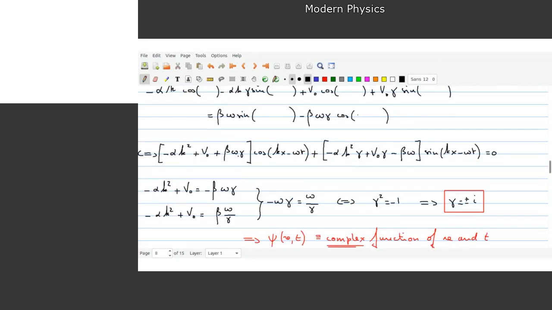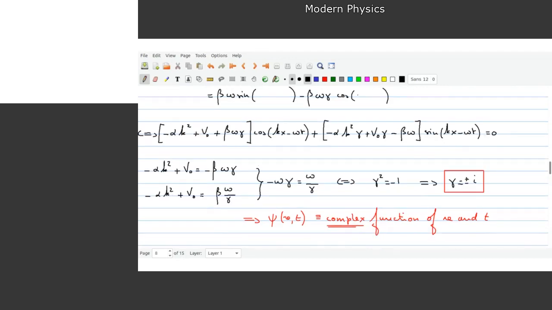For this equation to have a chance to be true, only this one must be equal to 0 and this term also must be equal to 0. Otherwise it won't be very general. So we write that this term is 0, and that this term is 0 as well.